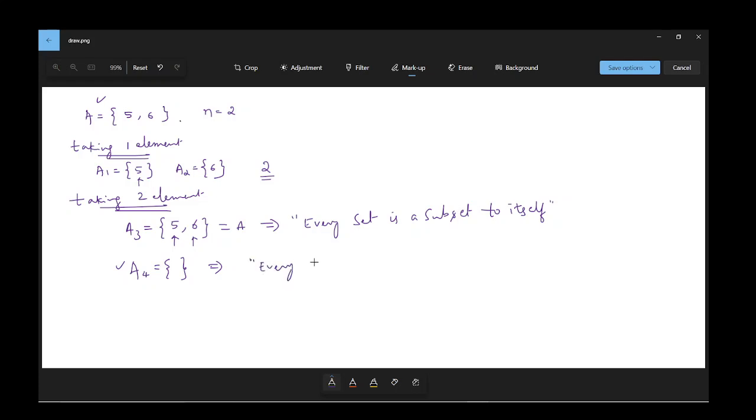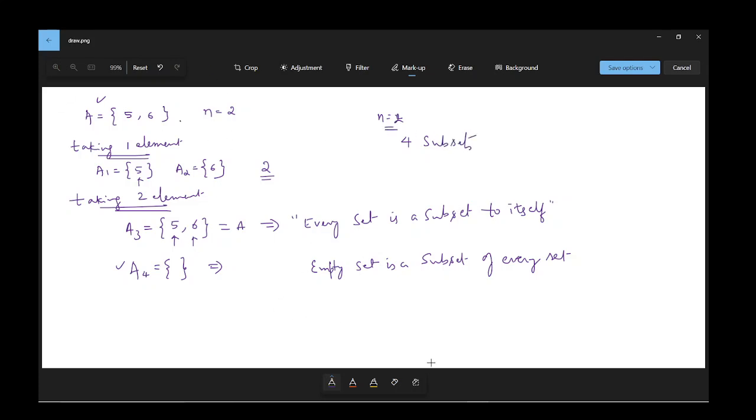Every empty set is a subset, or rather the empty set is a subset of every set, and write it like that. Empty set is a subset of every set. So this tells us for n equal to 2, we could generate four subsets.